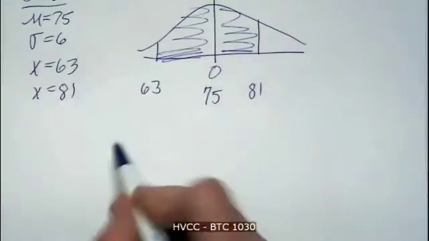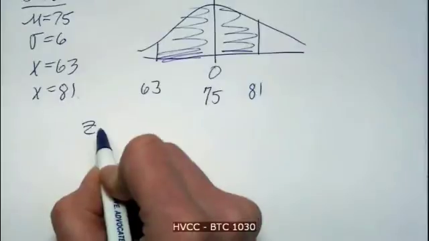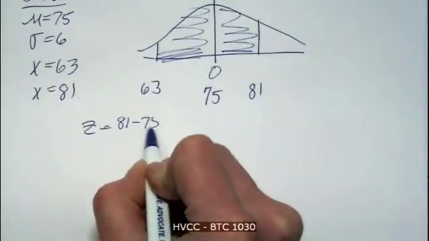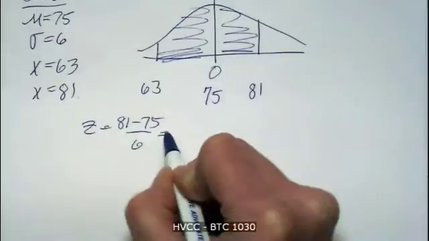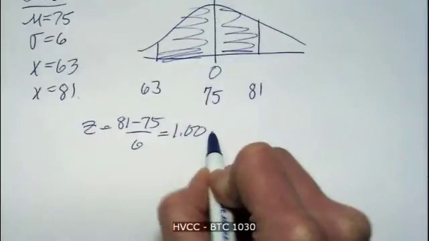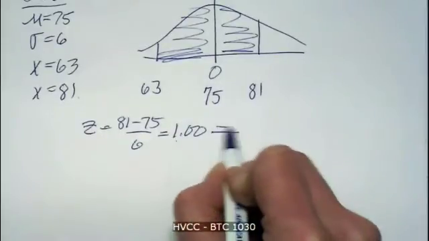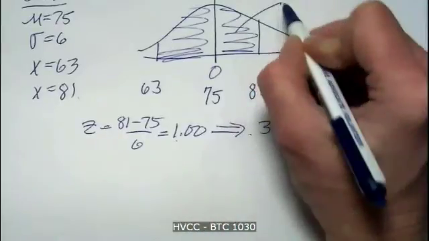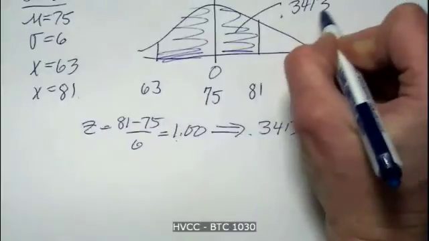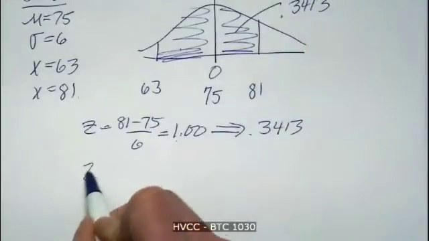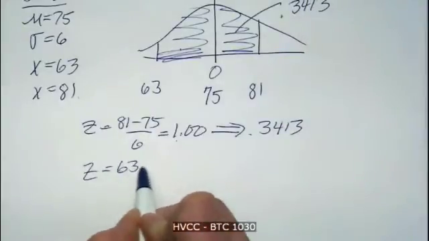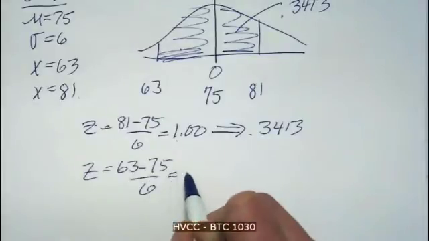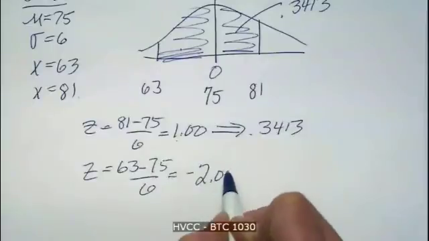Because I have two x's, I have to calculate two z's. Well, for the third time, this is 1.0. We look up that z in the table, and we get 3413. So we know that, 3413. Now this area, a little different: 63 minus 75 over 6 equals a negative 2.00.